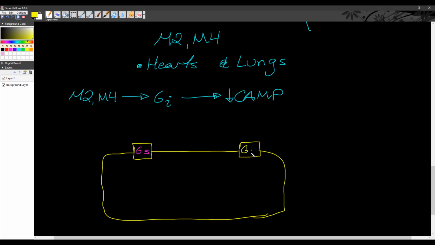So the lung tissue is innervated by both GS and GI.